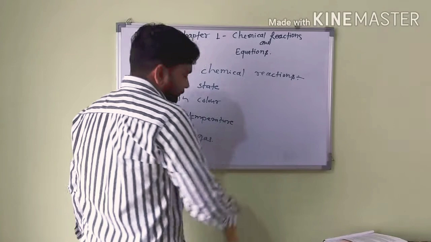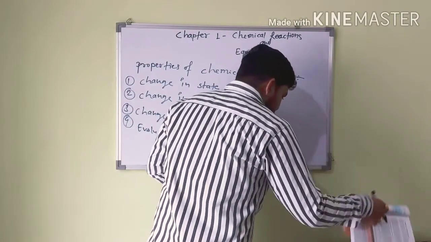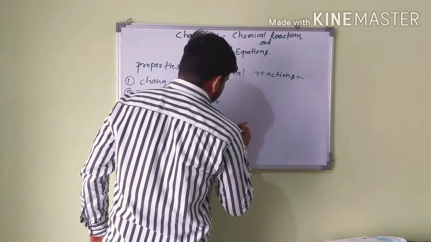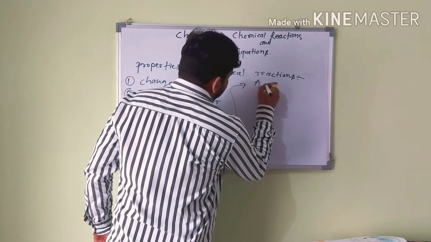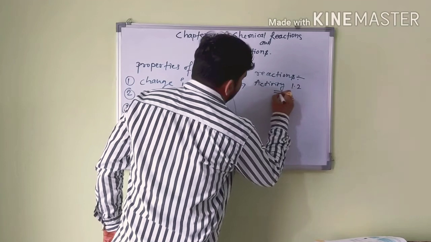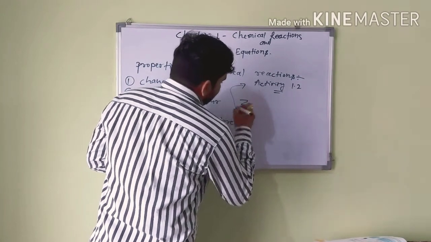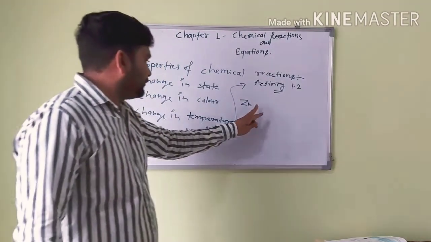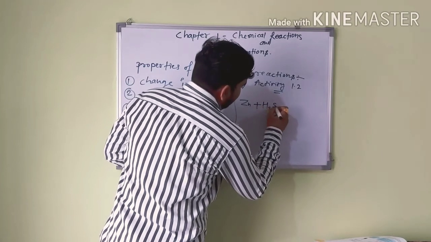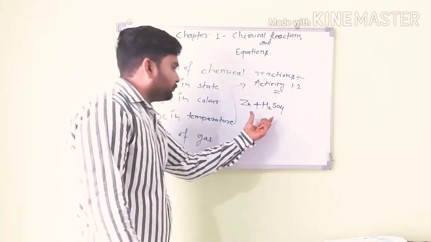The temperature change is from Activity 1.2, in which we take zinc granules. Zinc is an element. Zinc granules are mixed with dilute H2SO4, which is an acid.